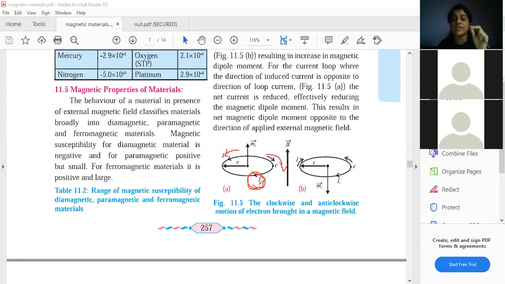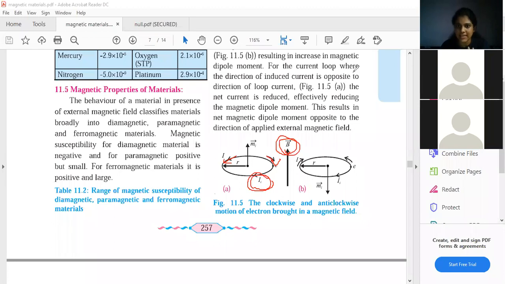The induced current is because of the external magnetic field. Please understand what is happening. Because of the moving charge of the electron, this current is produced. This is something you already know. Here this new one is capital I with subscript small i. So this is called the induced current. From where did this induced current come? Because of the external magnetic field.